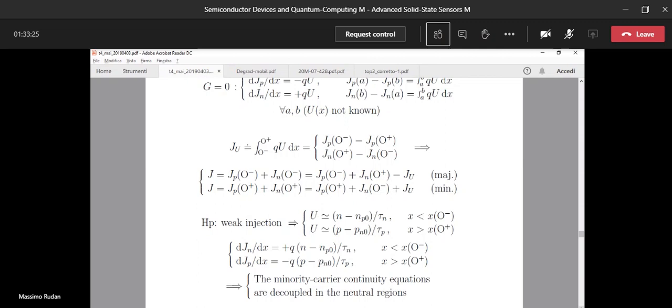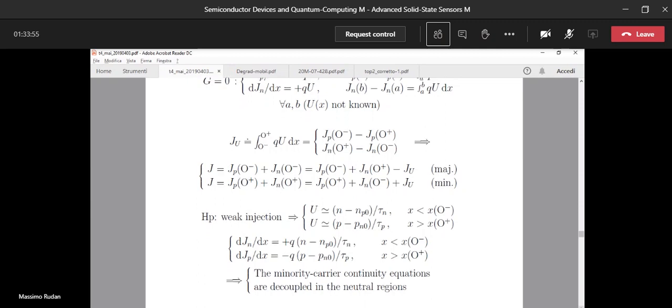And then somehow we shall be forced to put these two regions together, okay? But this can be done, so we shall see it. So for the moment, we have to solve the continuity equations, and of course, we have to couple them with the transport equation of the electrons or holes, okay? So let's go to the next.